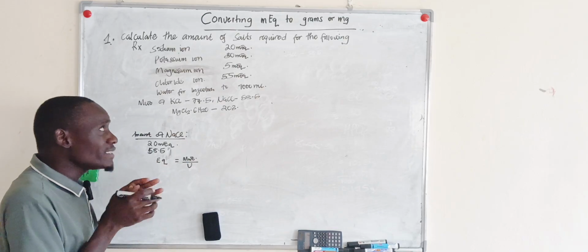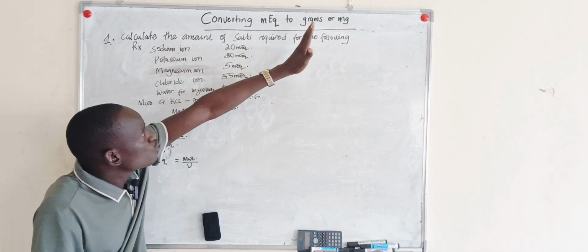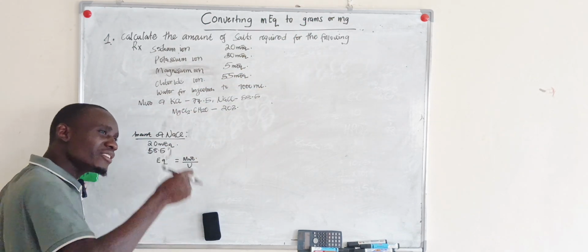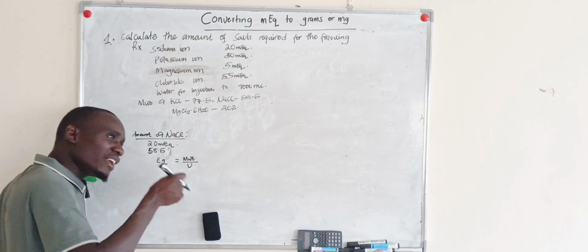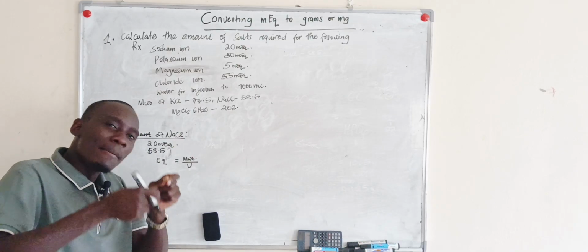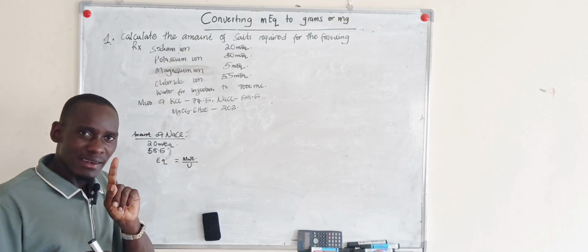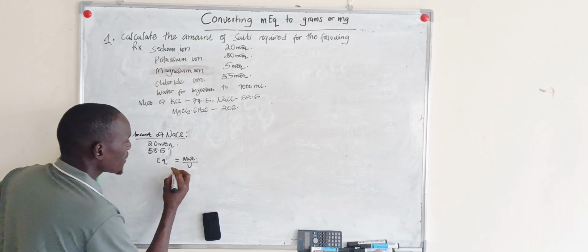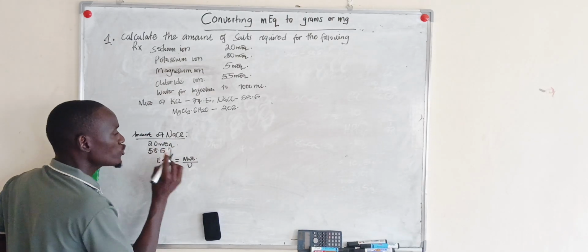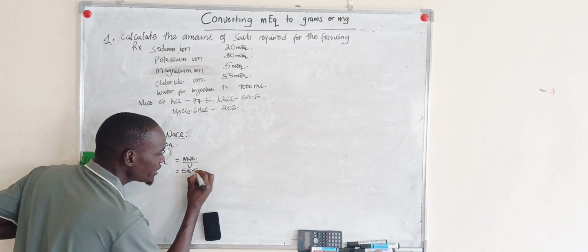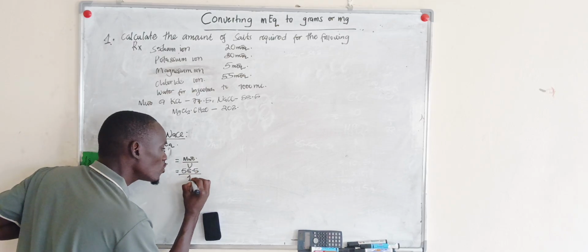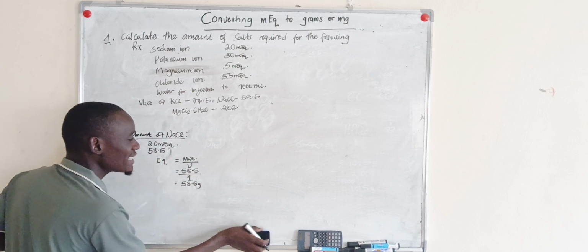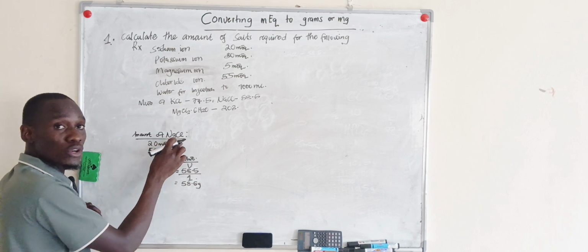So, the first thing always, if you're converting from milligrams to milliequivalents to grams, is to first of all ascertain the equivalent weight of that compound, then go further and obtain the amount of sodium chloride in 1 milliequivalent. So, we know that the molecular weight of sodium chloride is 58.5, and we know sodium has got 1 valence. So that means we shall have 58.5 grams as the equivalent weight for sodium chloride.